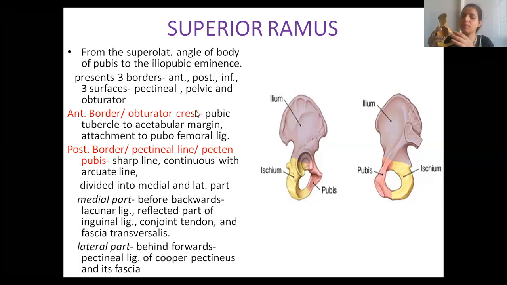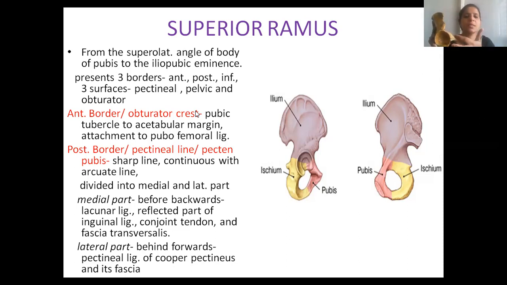In front, whatever border we have is the anterior border. Behind is the posterior border, and lower down, which is in the obturator foramen, this is the inferior border. So we have the anterior border, which is almost in correspondence to the pubic crest.